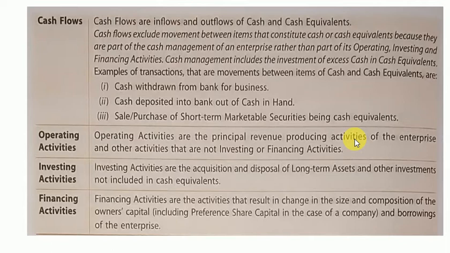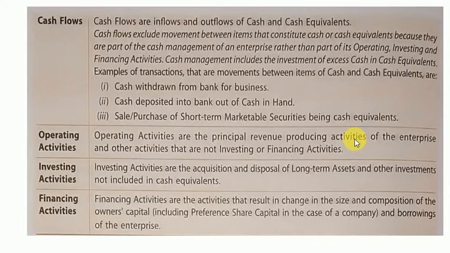If you're manufacturing, it relates to production part. So that is what is main revenue producing activities: the sale of goods, the purchases, the salaries paid, rent paid, carriage paid, many other areas included in cost of revenue from operation, then related to revenue from operation, which is compulsory to be operated, so they become a part of operating activities.